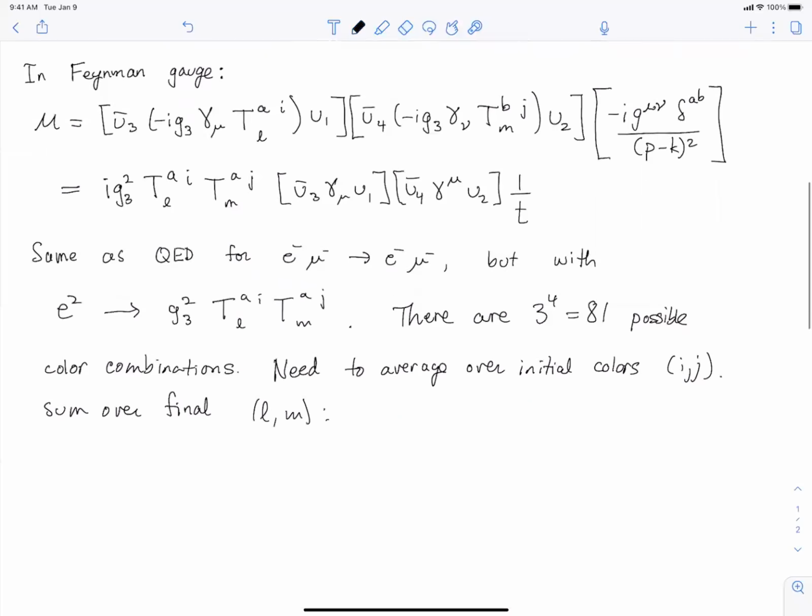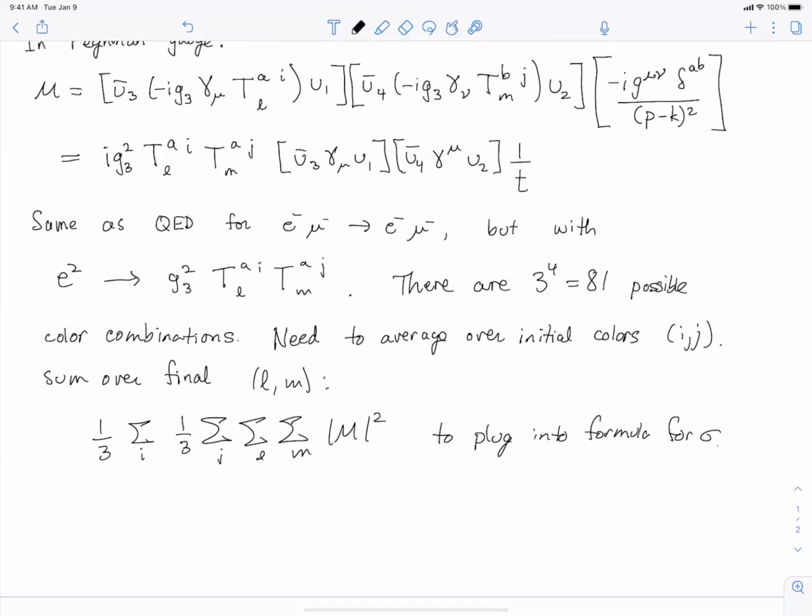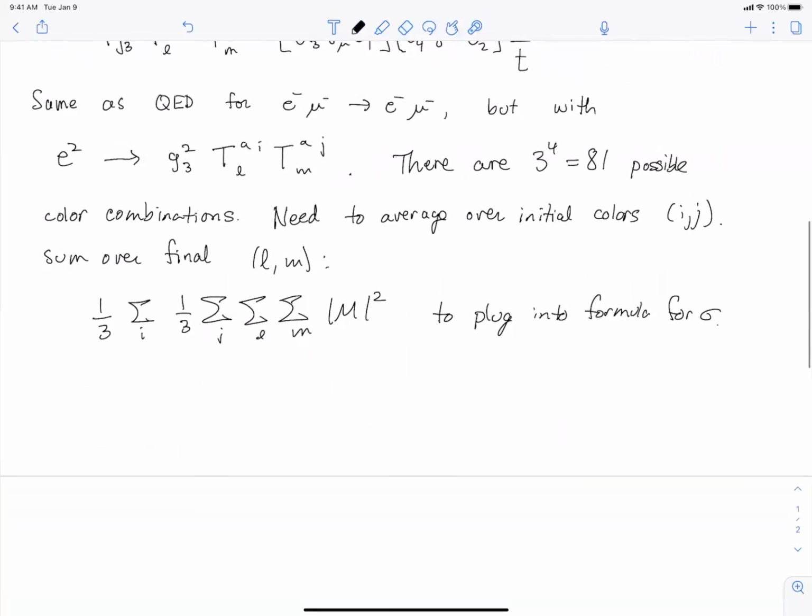And so what we really want is 1/3 sum over i, that's averaging over i, 1/3 sum over j, sum over l, sum over m of this reduced matrix element complex squared. And when we do that, then we're going to plug into the formula for the cross section. So let's just concentrate on the colors for a while.